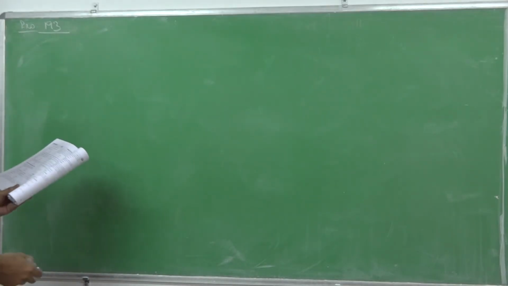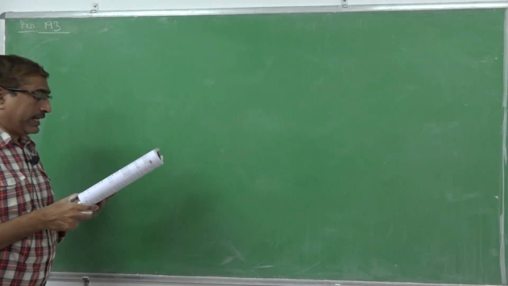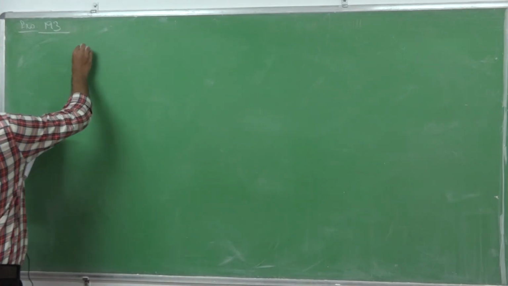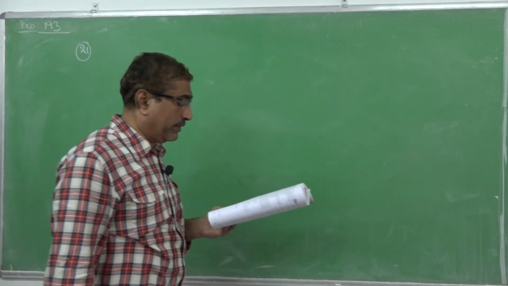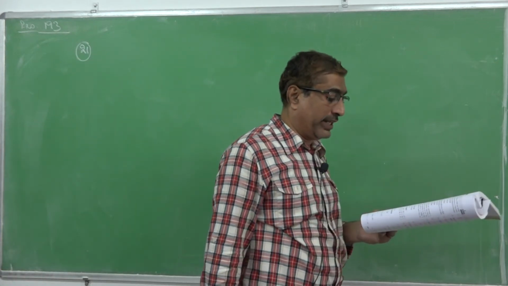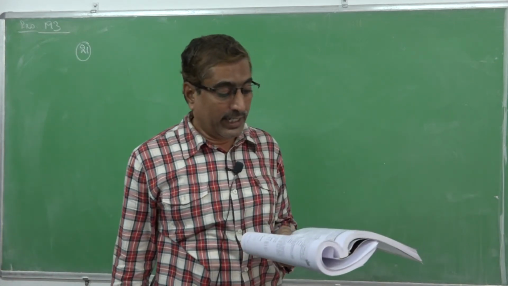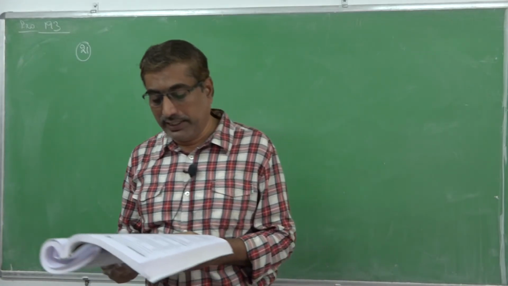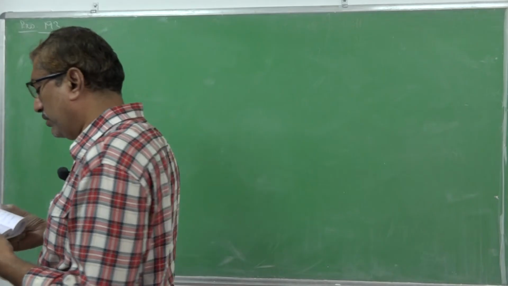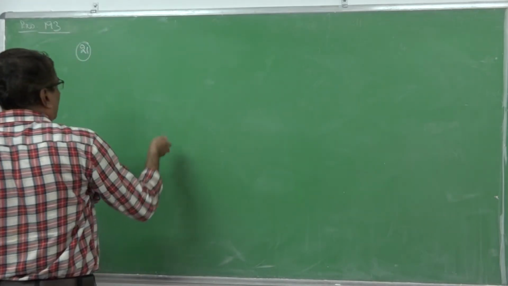21. In a mechanical refrigerator, the low temperature coils are at a temperature of minus 23 degrees centigrade, and the compressed gas in the condenser has a temperature of 27 degrees centigrade. The theoretical coefficient of performance? A simple one.